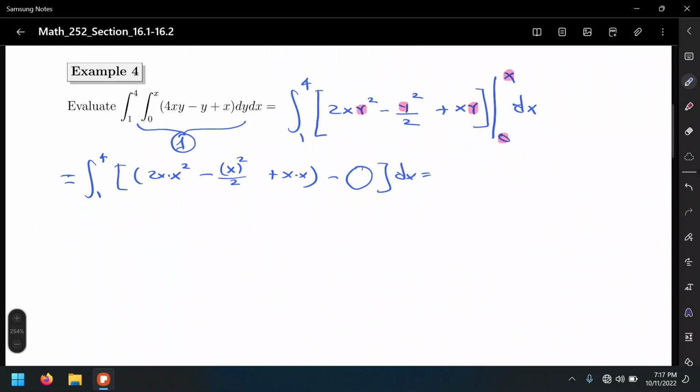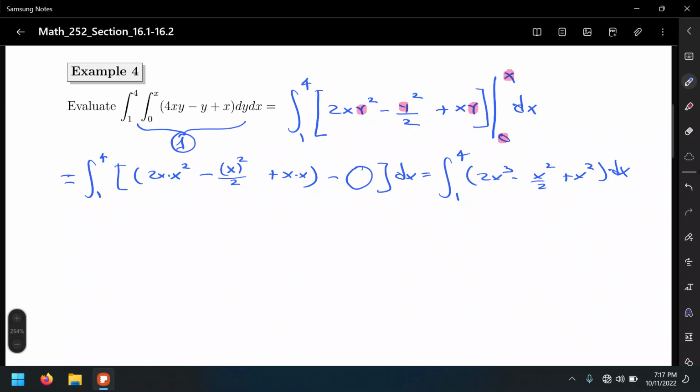That's going to leave us with the integral from 1 to 4 of 2x cubed minus x squared over 2 plus x squared with respect to x. But of course, it looks like we have like terms.